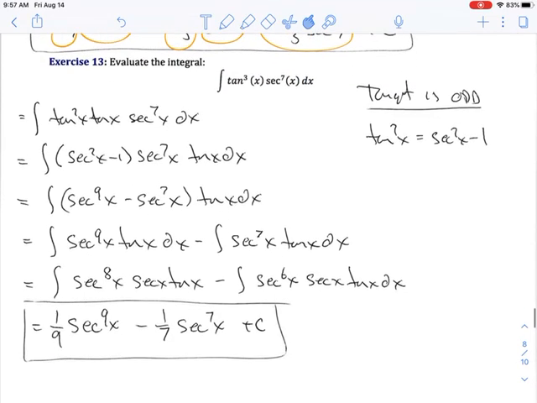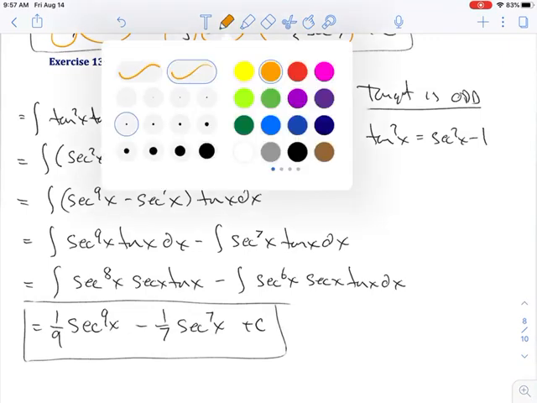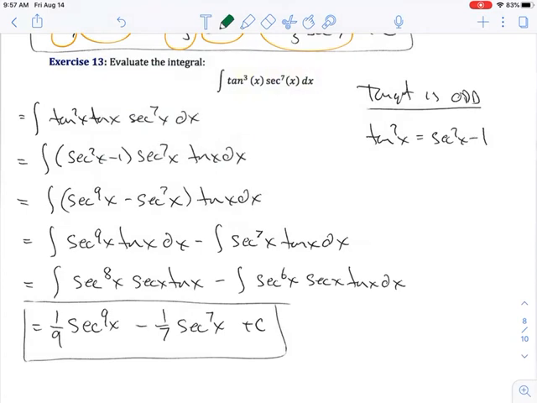Last one. Here's another one. We have tangent is odd. So with tangent odd, again, we're shooting to get a U-substitution where U is some power of secant, and so du is going to be secant x tangent of x.